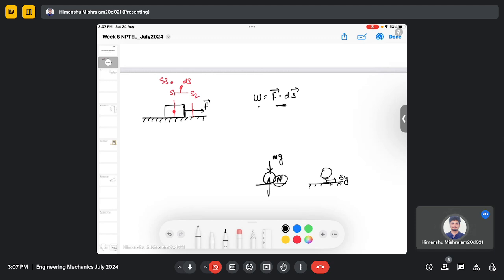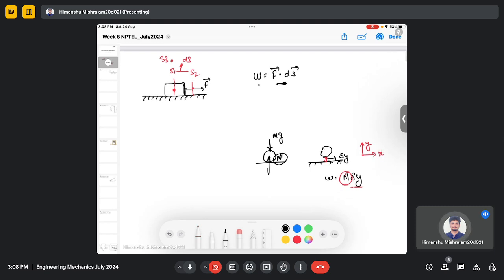Here N is that force, so the work done is given by N delta y. Observe that the virtual displacement is in the direction of N. If this is x and this is y, the virtual displacement is in the y direction and N is also in the y direction. Therefore N does work because the displacement is in the same direction as N. Here I'm just revising the concept.